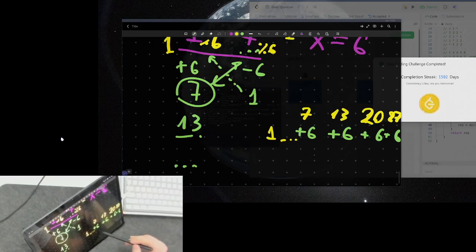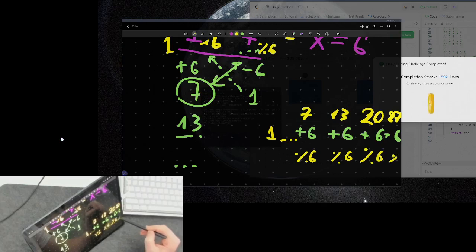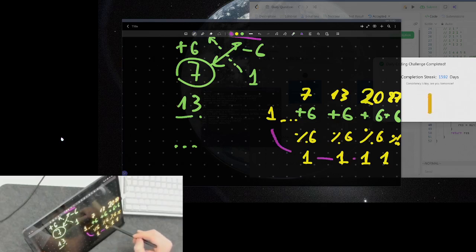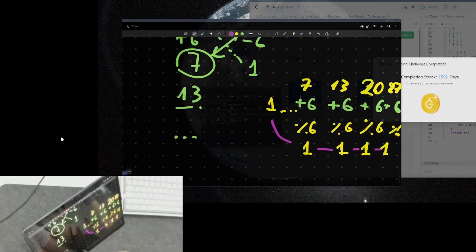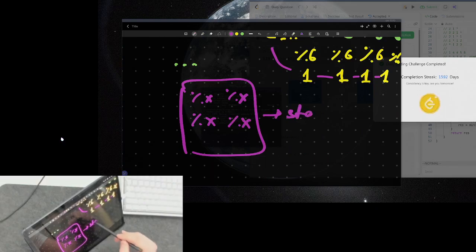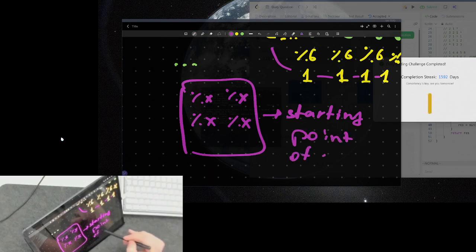And if you do modulo operation 6 on each of them, it always gives you just one single remainder. So this is how we can detect that all our values in the grid should be checked by modulo x, and that remainder would be the starting point of the sequence.